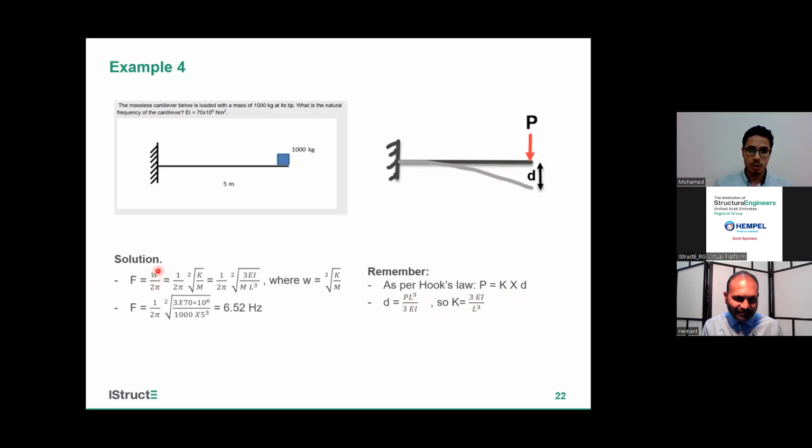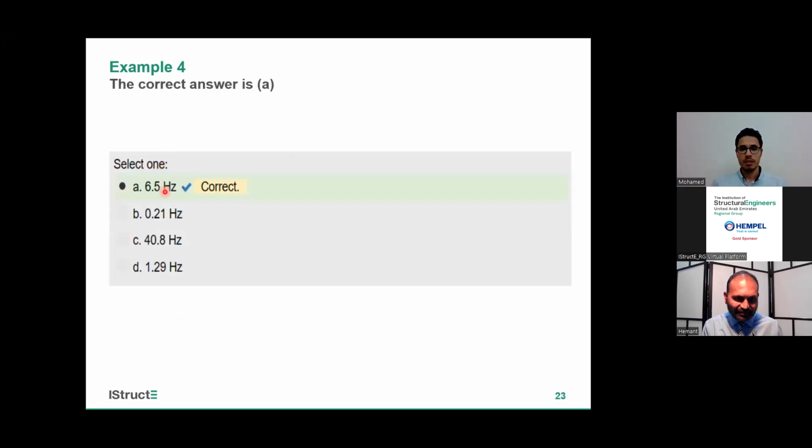We will replace omega with the square root of K over M, and we will have our final rule where we put our numbers in. We know everything: EI is given, the mass is given, and we have the length. So we just put in our numbers and calculate it. So this is the answer.